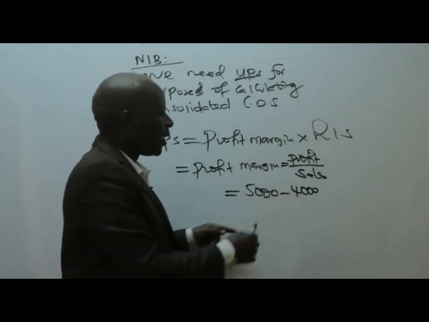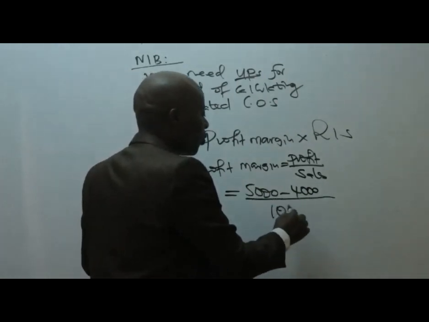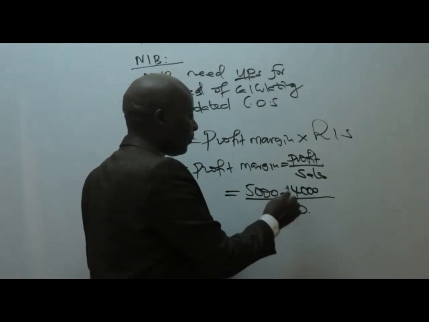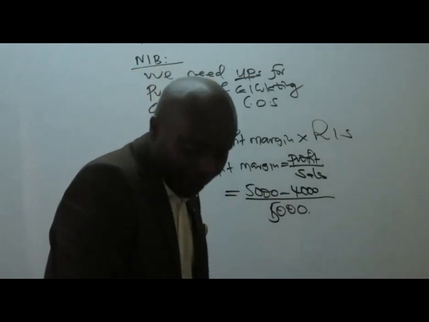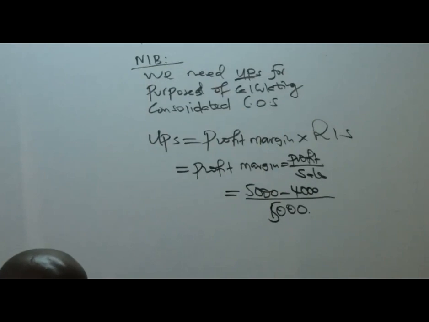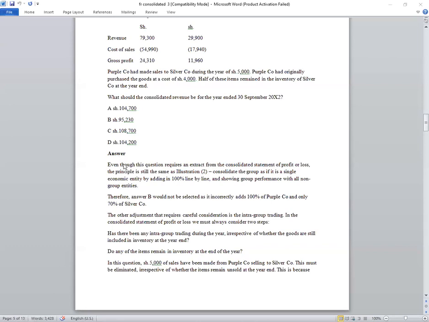I'm trying to calculate the profit margin. They've told us that Purple Company made sales to Silver for 5,000. Purple themselves had purchased these goods for 4,000. So out of this batch, they made a profit of 1,000. 1,000 out of the sales of 5,000 will give us profit margin.